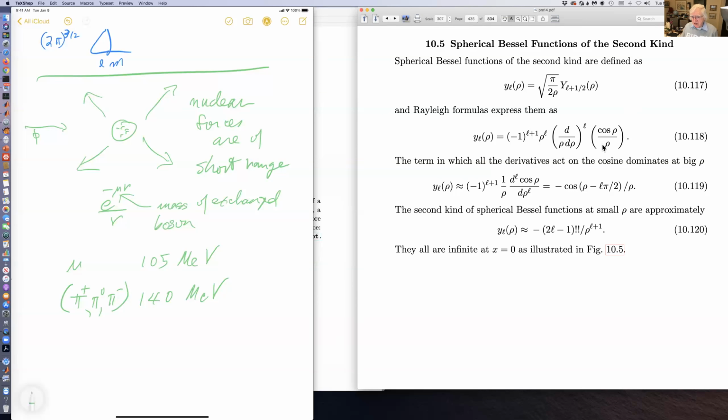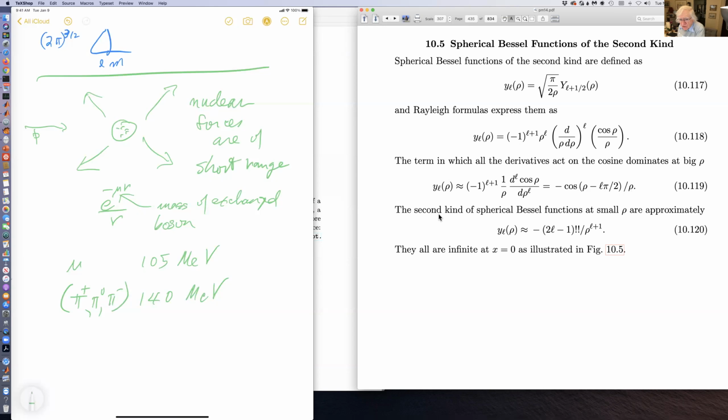What's not to like about this, especially if you've seen cylindrical Bessel functions, which are those nightmare infinite series, one of them involving a log. The term in which all the derivatives act on the cosine is the one that dominates for large rho, and that gives us basically cosine of rho minus L pi over 2 divided by rho.